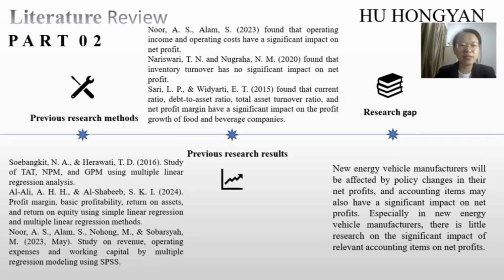However, although many scholars have explored the impact of accounting factors on net profit in the new energy car industry, especially for companies like BRD, there are still some research gaps, and there are few studies on the impact of relevant accounting items on net profit.